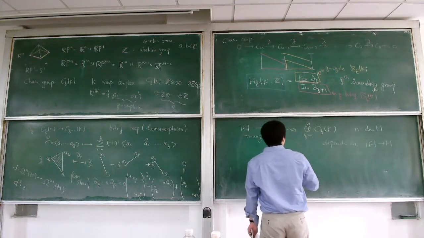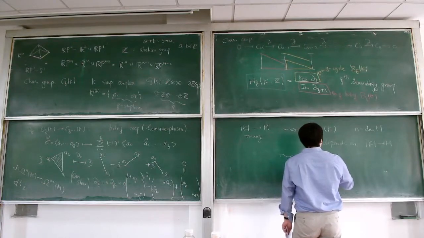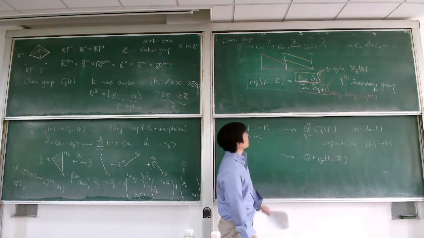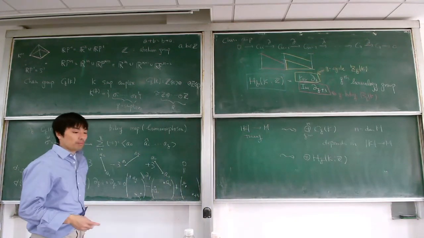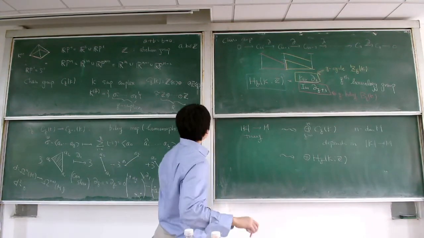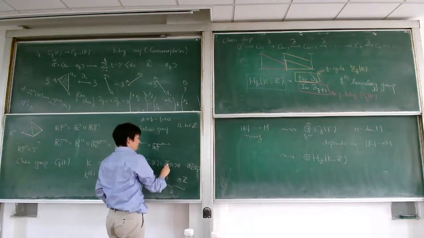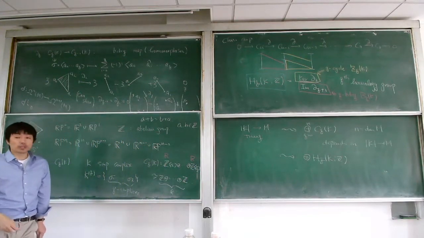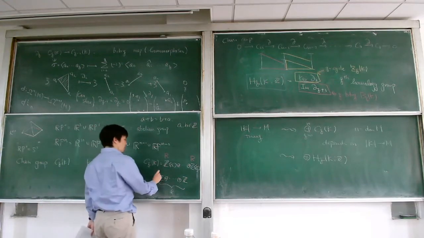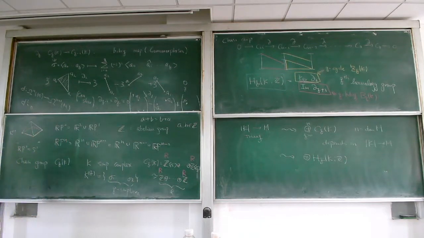However, one can also consider the homology groups of K with Z coefficients. It's very important to keep this Z coefficient. Sometimes we can do the same operation, but instead of Z coefficients, you can replace them by R coefficients, so that everything is a copy of R. R means you can have fractions.